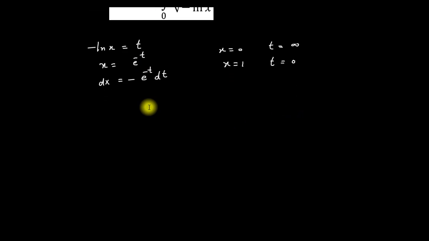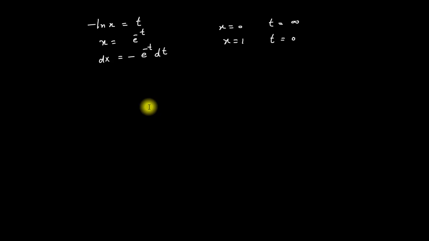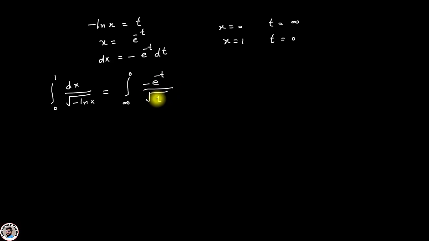So this given equation will become equal to integration from 0 to 1 dx divided by the square root of minus natural log of x, which is equal to integration from infinity to 0 e to the power minus t divided by the square root of t into dt.